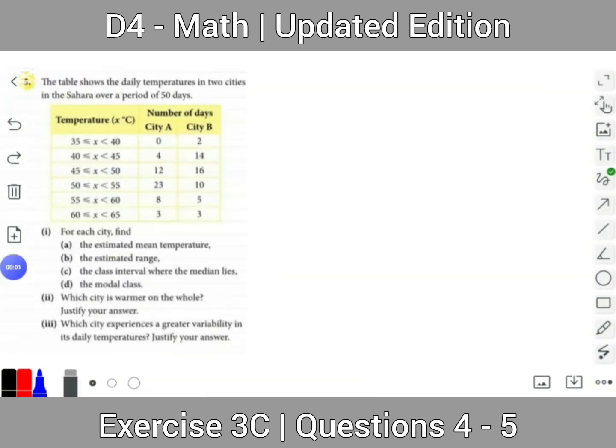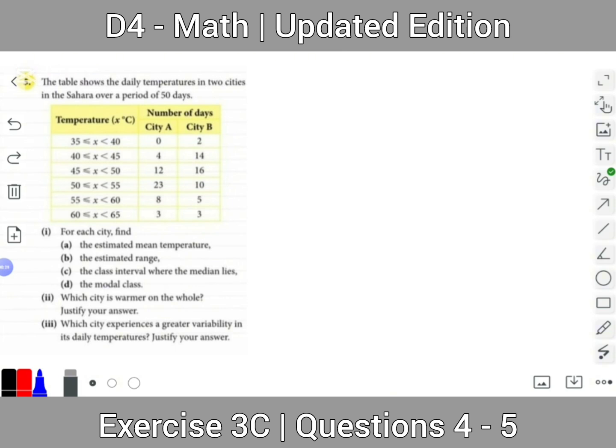Now question 5. The table shows the daily temperatures in two cities in the Sahara over a period of 50 days. So the temperature in degrees is given in the form of class intervals, and the number of days for city A and city B are given in the second and third columns respectively. In part 1, for each city find the estimated mean temperature.